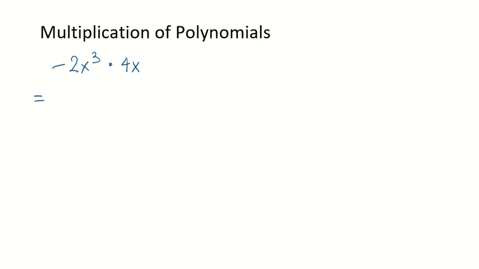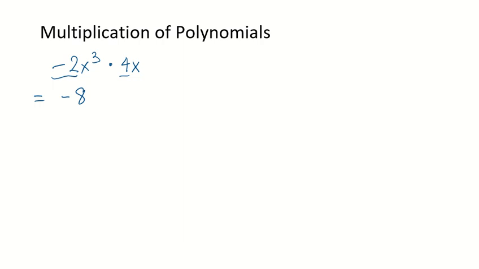So what we'll do is multiply all the numbers together. Because they're all multiplying together, we can multiply them in any order we want. So I would decide to multiply the numbers together. I'll get negative 8.